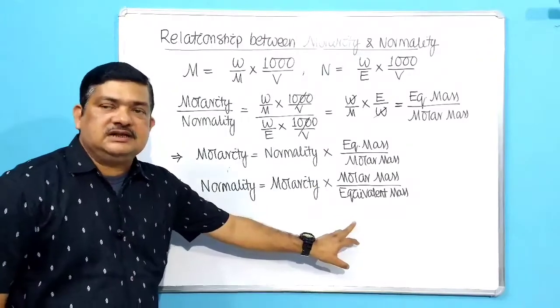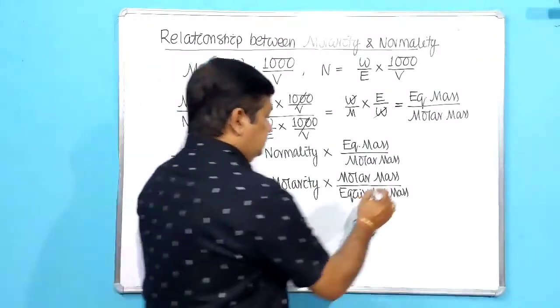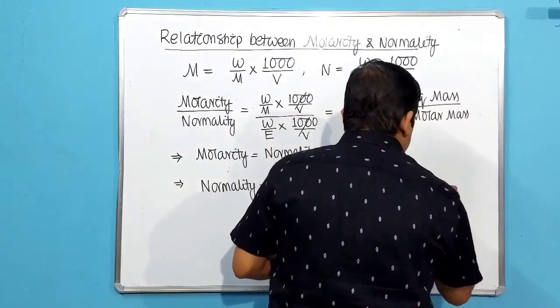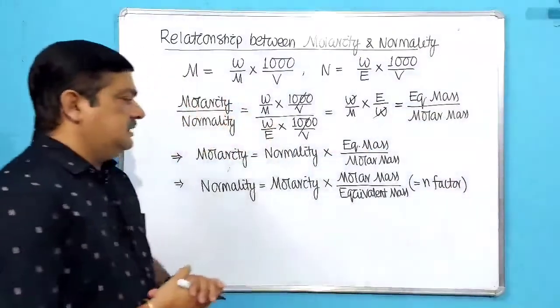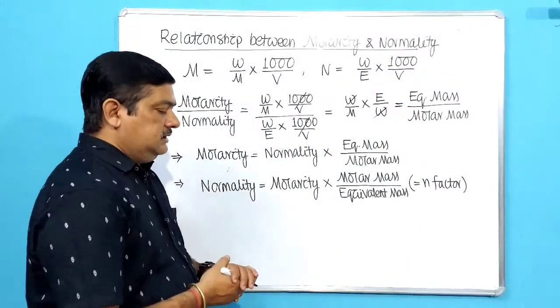Do you know what is molar mass divided by equivalent mass? That is called n factor. Molecular mass divided by equivalent mass is called n factor.